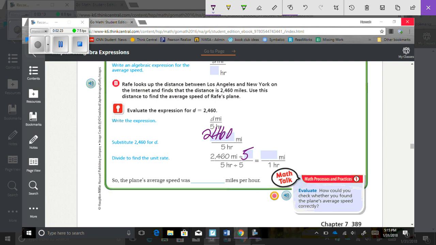And remember, real quick, unit rate means compared to 1 unit. So if we're going to divide that by 5, we need to divide the bottom by 5 so that we get a unit rate of 1 right there.